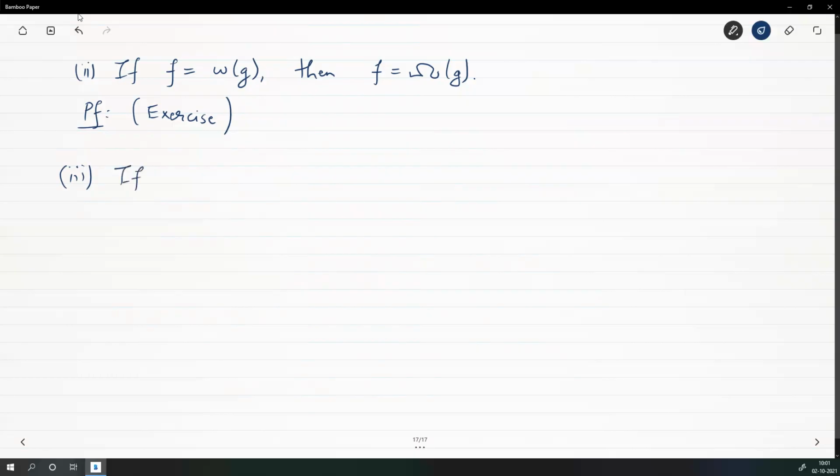If there exists a positive real number lambda, not any real number, but a positive real number lambda, such that the limit as n tends to infinity of f of n by g of n is equal to lambda, so the limit of f of n by g of n converges to a point that is positive, not zero, not infinity, then f is in fact theta of g.